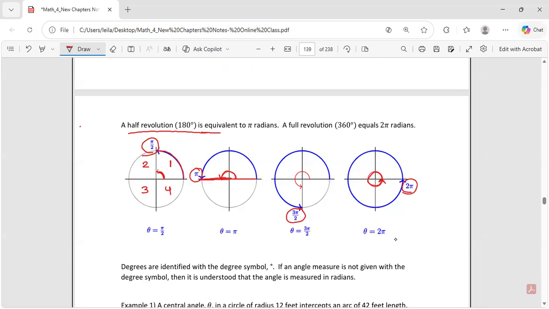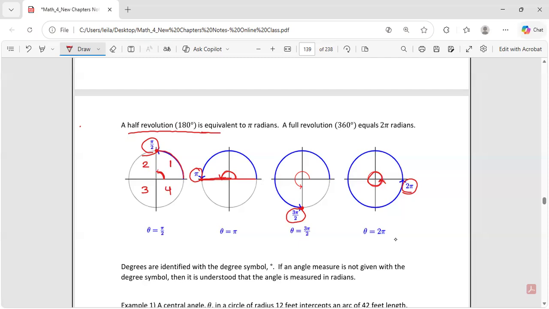So when we are on the first quadrant, that means we have pi over 2 or 90 degrees. Second quadrant, that means 2 times 90 degrees, which is 180. Third quadrant, which is 3 times 90 degrees, which is 270, or 3 pi over 2. And fourth quadrant, for a full revolution, we have 4 times 90 degrees, which is 360, or 2 pi.